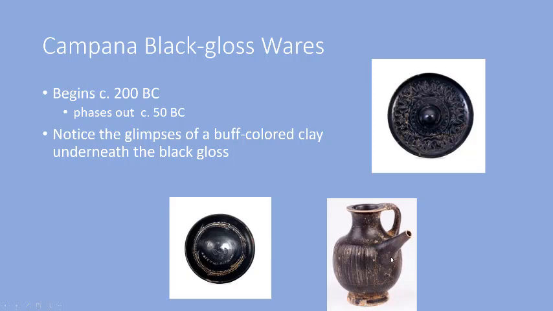So you have a pot, the pot has been created, right? And it's probably kind of an orangey color here, or yellowy orangey color. And then it is dipped into a thin, watered down slip, thin watered down clay to give it the black color.